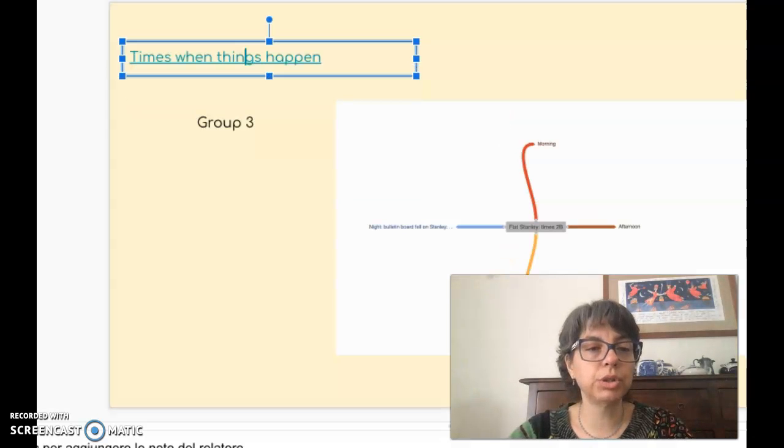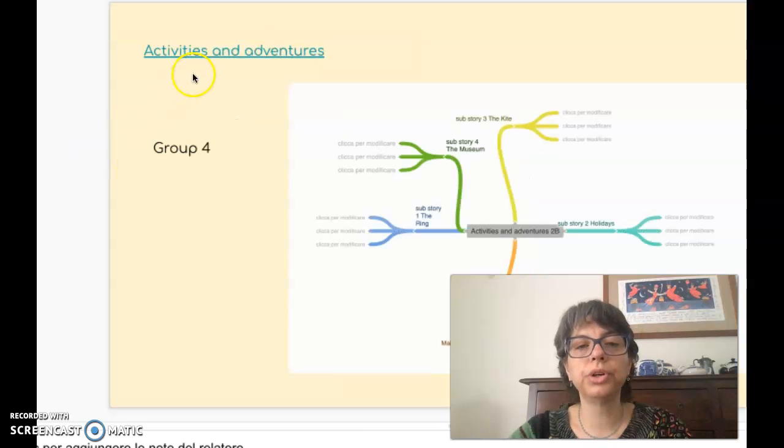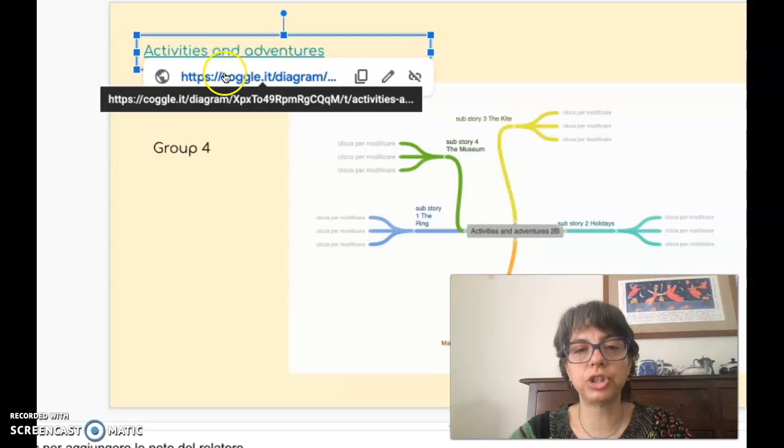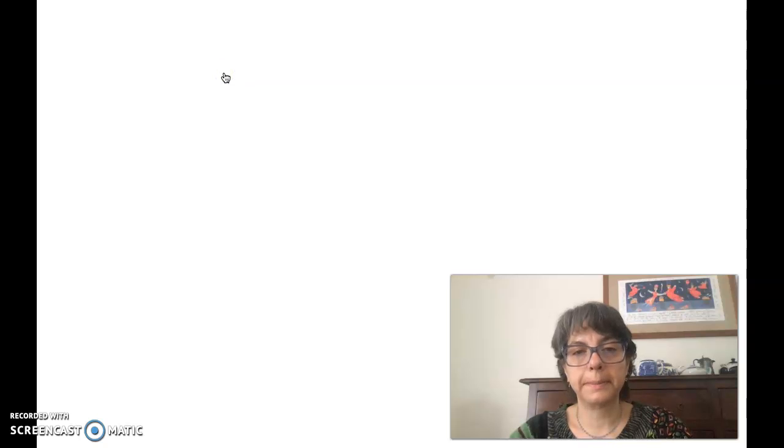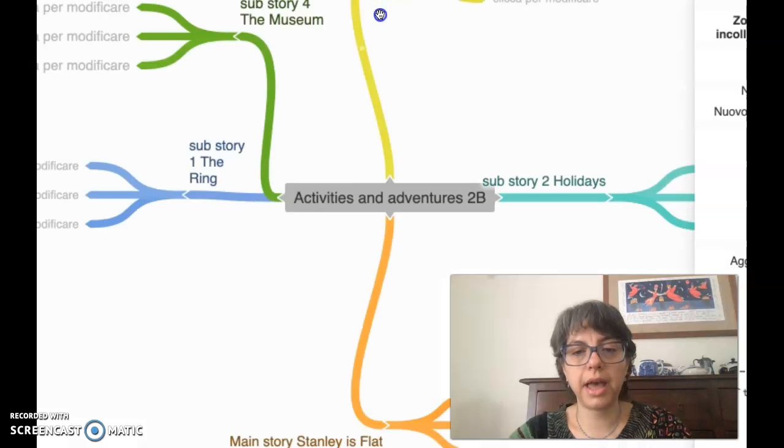And the last group, group number 4, will work on activities and adventures. Always in a Google map. And what you have, you start from the main story, Stanley is flat, and you can add here some things that happened to him, the reason why he became flat.